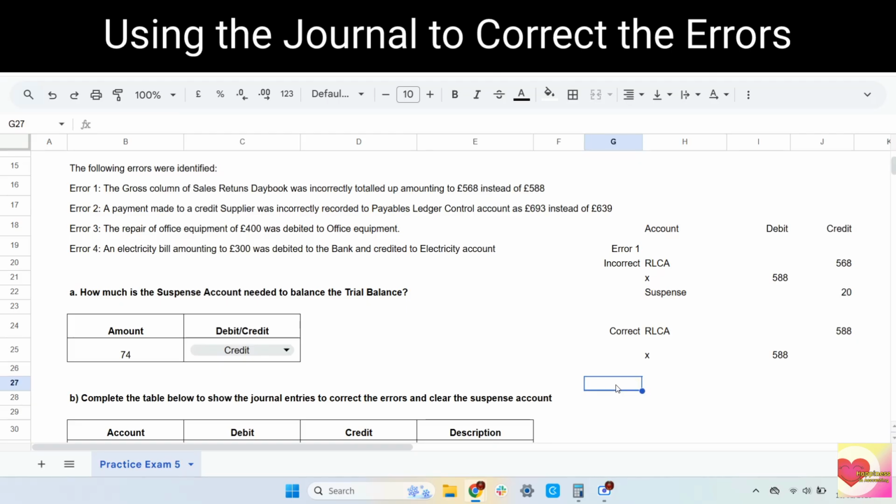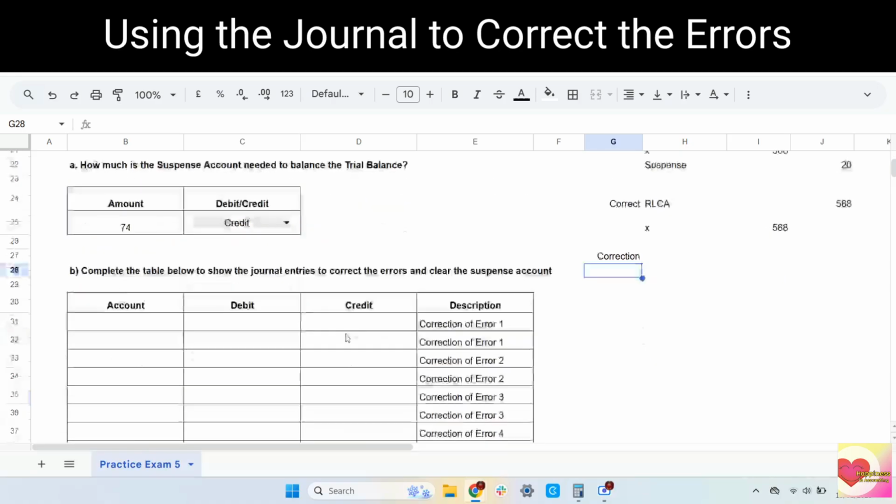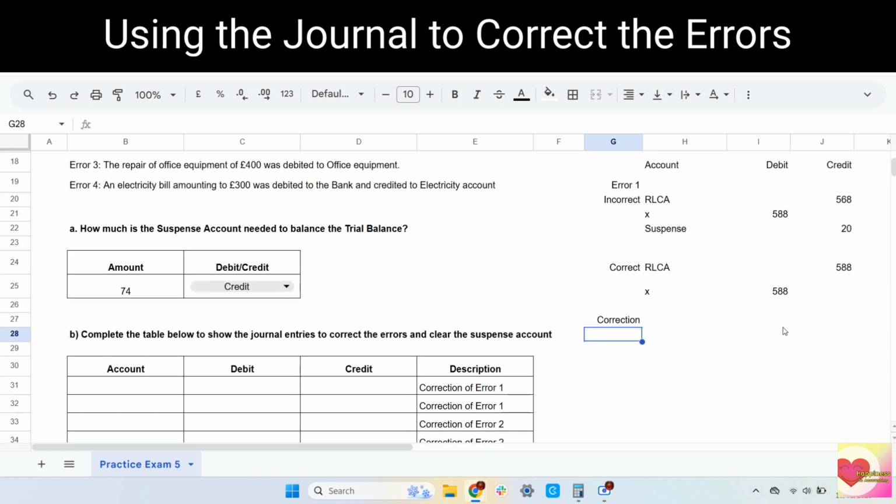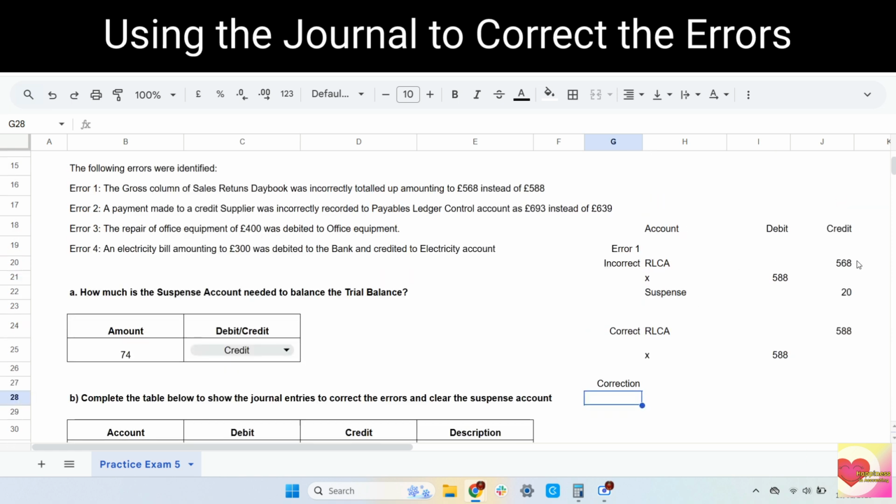Next, let's put the correction entry. This entry will be the journal entries to correct the errors and the answer to this question. Let's compare the correct entry and incorrect entry. First is the RLCA. The correct entry should be 588, but we only entered 568, so we have to add 20 more in credit.